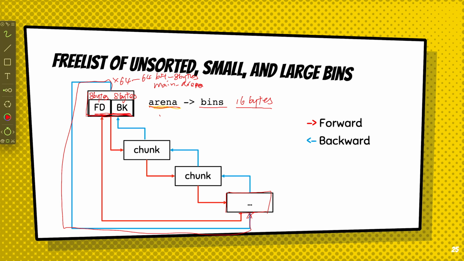I hope that this will be helpful for you to understand how heap works, and especially in the future lectures, we're going to talk about security vulnerabilities for all the other kinds of bins and all the other kinds of chunks. And the reason why I didn't talk about this at the start of our heap series is because I feel that this might be a little bit too overwhelming.